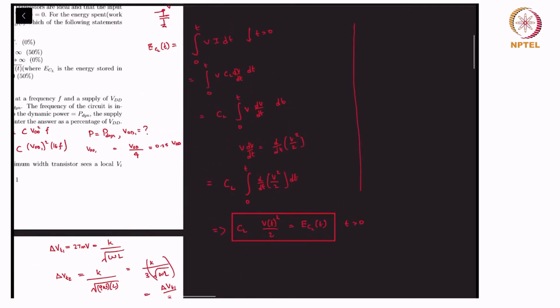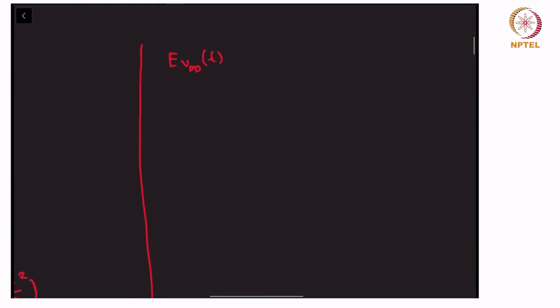Similarly, if you do the derivation for E_VDD of t, which is just going to be equal to integral 0 to t, now instead of V, it will be VDD into C dV by dt dt. This is the voltage, this is the current coming out of the voltage source.